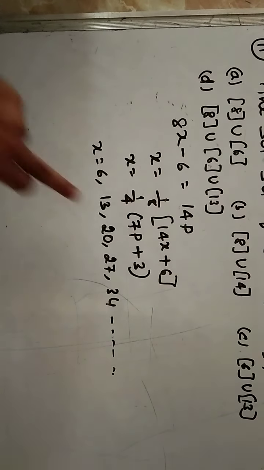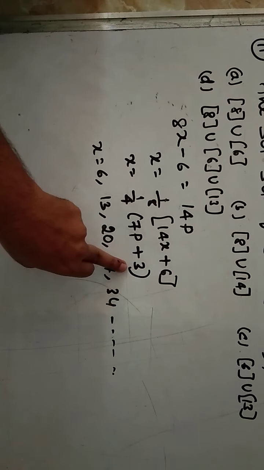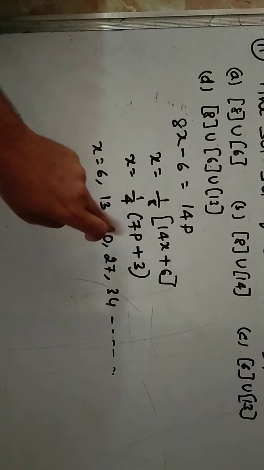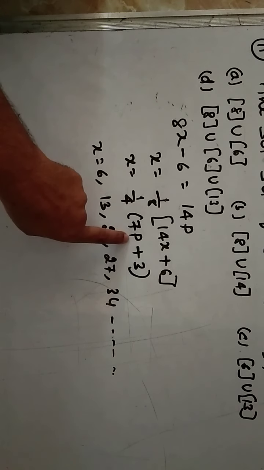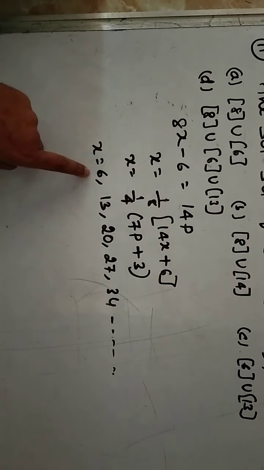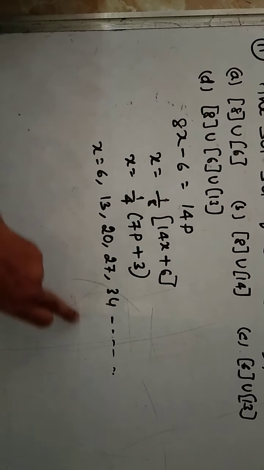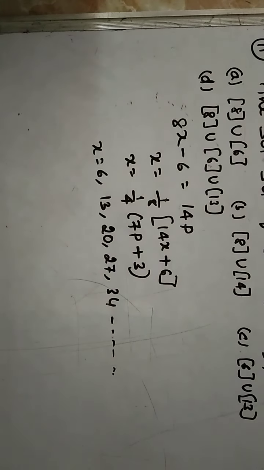Here the first p value is 3. 7 threes are 21 plus 3, 24. Now 24 by 4 is 6. That is the first integer. When I take the p value as 3, you will get the first integer 6. Now which value we have to fill to get an integer, that is very important. You find the set of numbers like this.